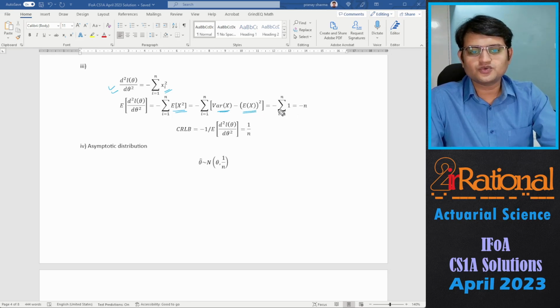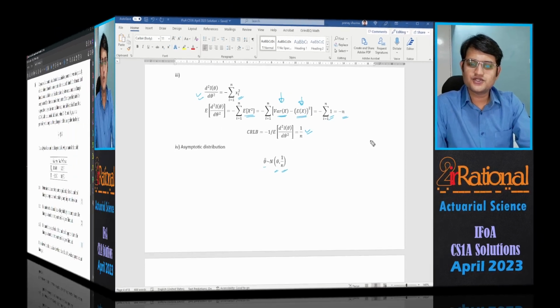That just turns out to be 1, because expected value of x is 0 and variance of x is 1. So we'll get summation of 1, that is n. So CRLB becomes 1 by n, and therefore the asymptotic distribution of theta hat follows normal distribution with theta comma CRLB, which will give us this value. Let's go to the next question.